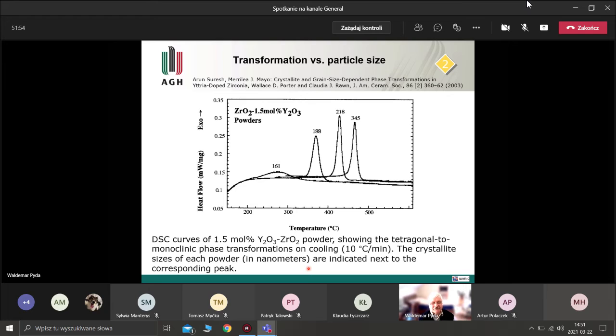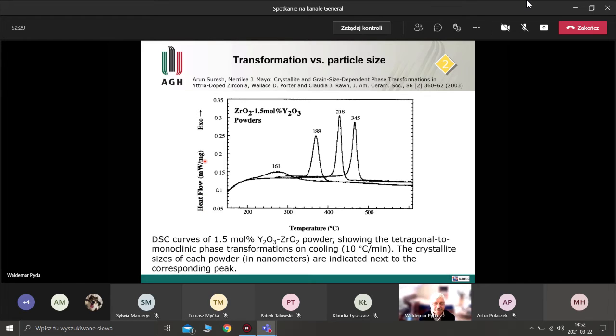Does it show the first order transformation? Okay. This is the DSC curve. What does it mean, DSC curve? Differential scanning calorimetry. Heat flow as a function of temperature during the transformation.